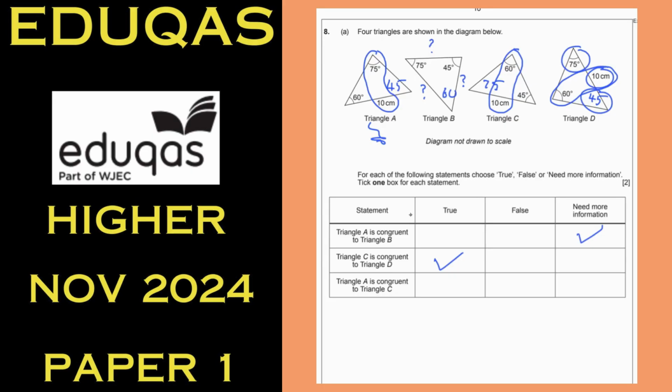It just won't happen, because angle side angle is different for both. Here, for A, angle side angle is 60, 10, 45. For triangle C, angle side angle is 75, 10, 45. You're mentioning different numbers, so it's false.